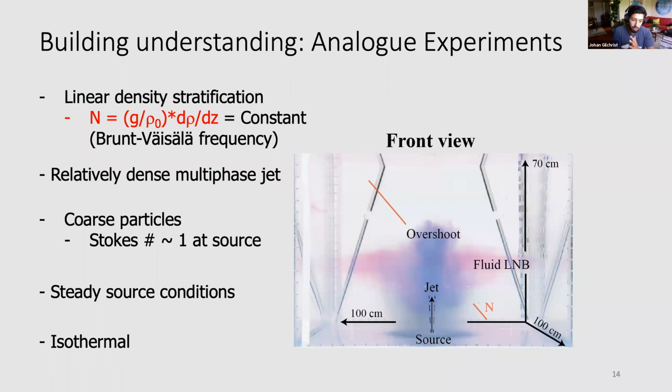I'm not going to have time to talk about this much, but these particles also play a role in the collapse dynamics, which I'll get to in a sec. We keep the source conditions steady throughout the experiment. It lasts for about a minute. The experiments are isothermal and obviously incompressible because we're using water.